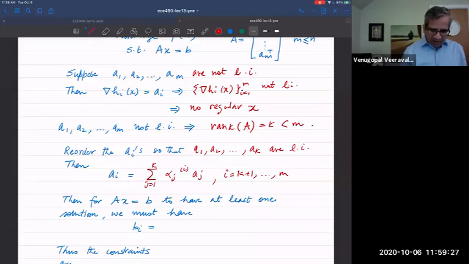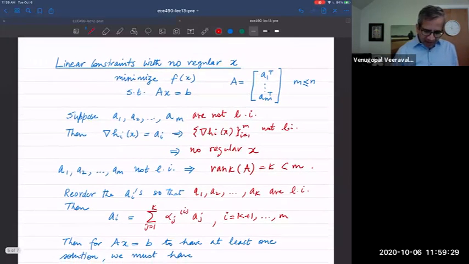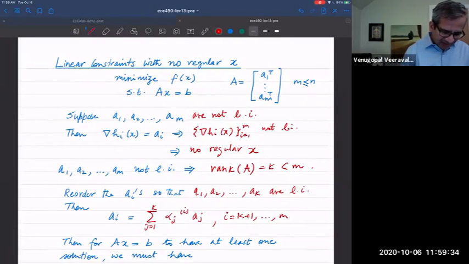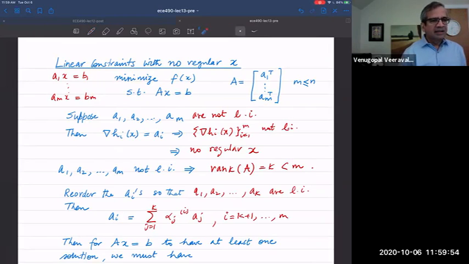Now, when we write constraints like this, we have A1x equal to b1 up to Amx equal to bm. If these constraints are not consistent with each other, that means there is no x that satisfies these things. Right? That can happen. Of course, we're going to rule out such possibilities.